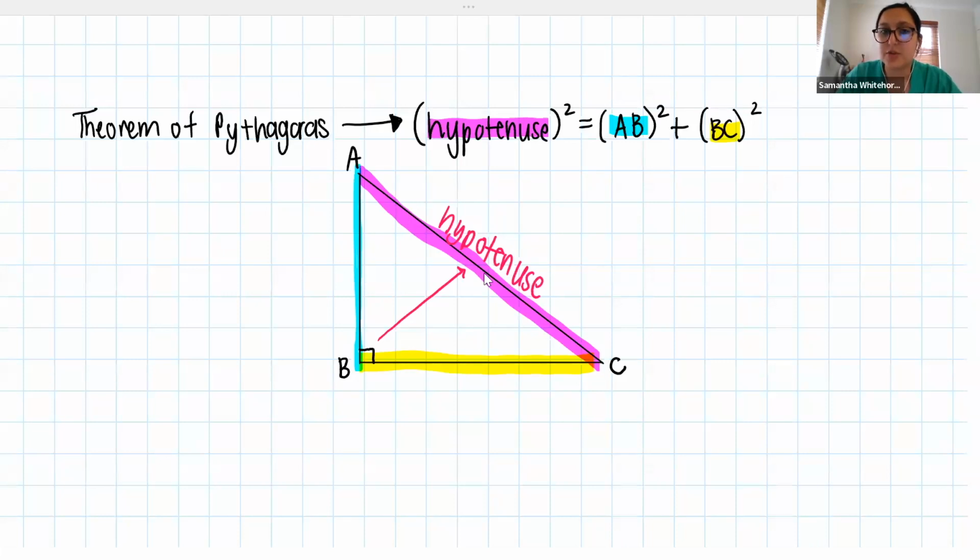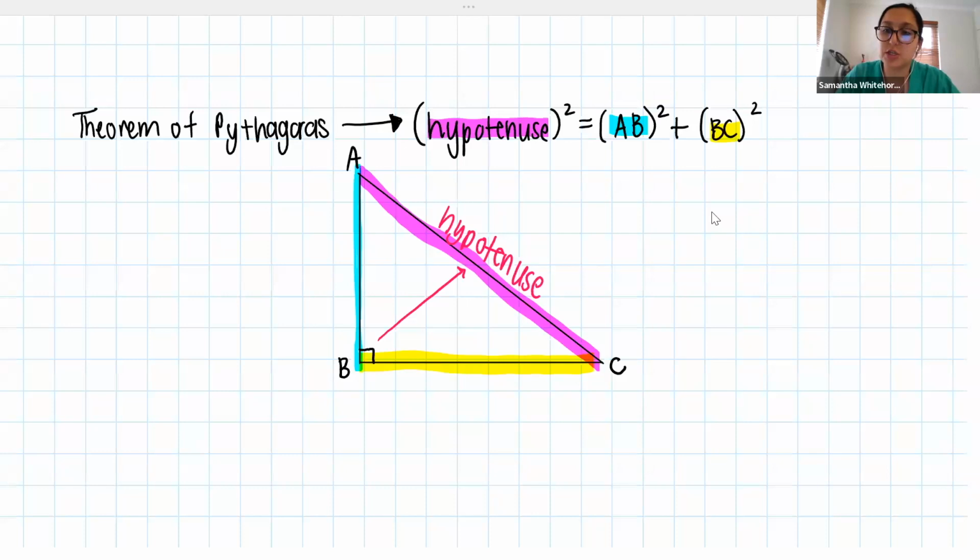Alrighty, so this is what Pythagoras says to us. Are we all okay? Does anyone have any questions before we have a look at an example? If you can't see your screen, guys, remember you need to log out and log back in. If you're still struggling, you need to unpin and then repin my screen. And if you're still struggling, you need to message Yolanda or myself, and then we will help you from there.